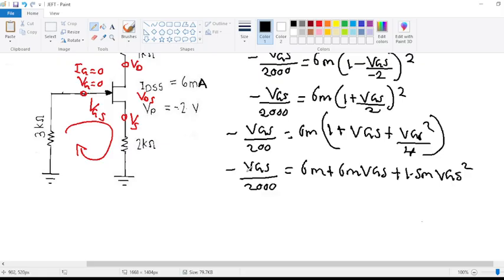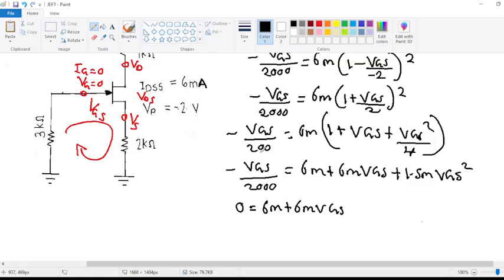Okay, from there, these two are like terms. VGS over 2K, which is 2000, and the 6 milli VGS, they are like terms, so we'll collect them. This one has to go to the other side, then we'll remain with the 0 here. So we're going to have 0 is equal to 6 milli plus 6 milli VGS.